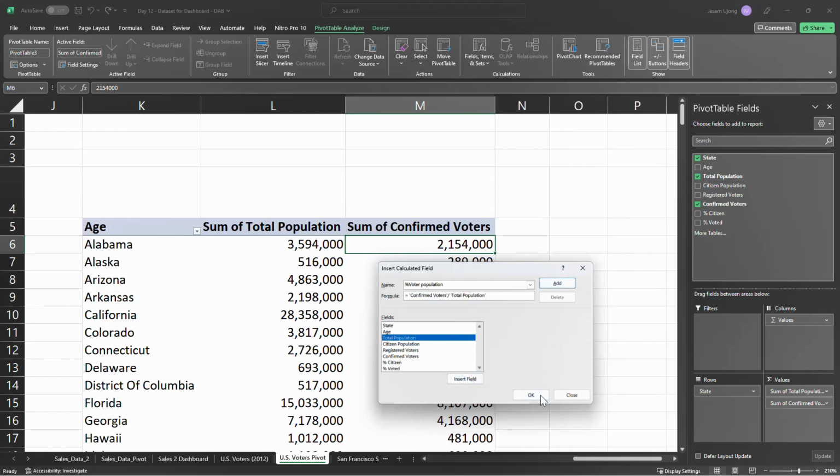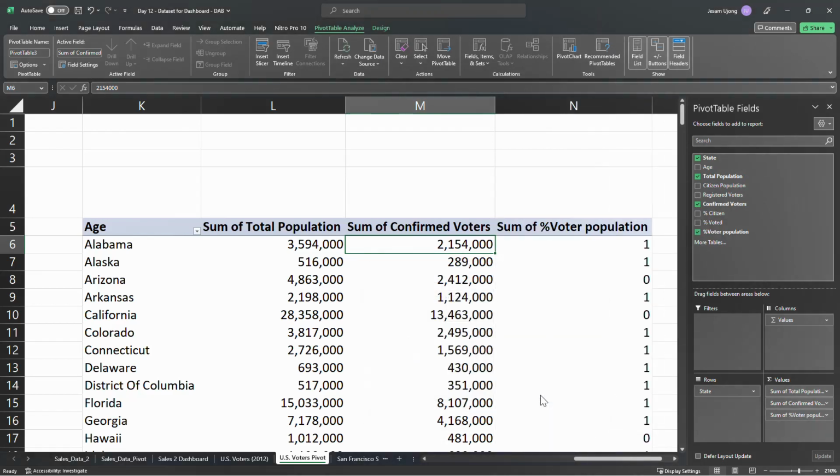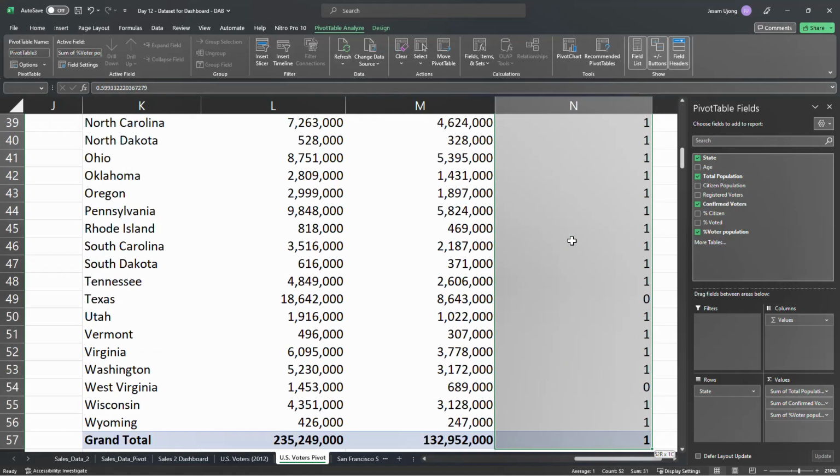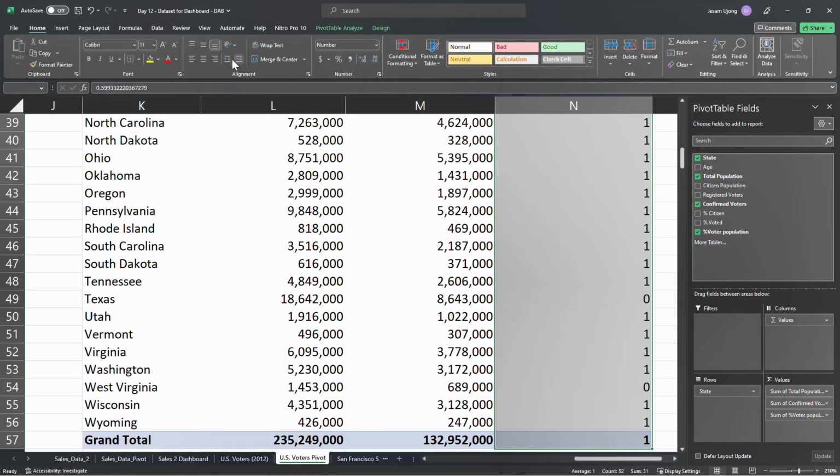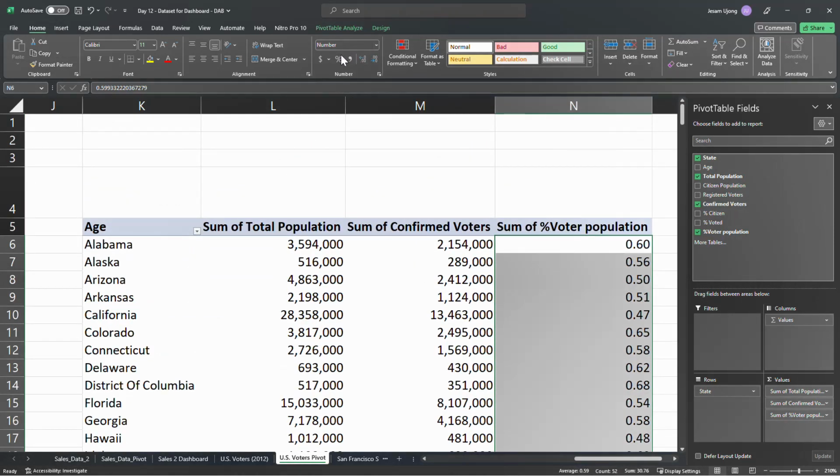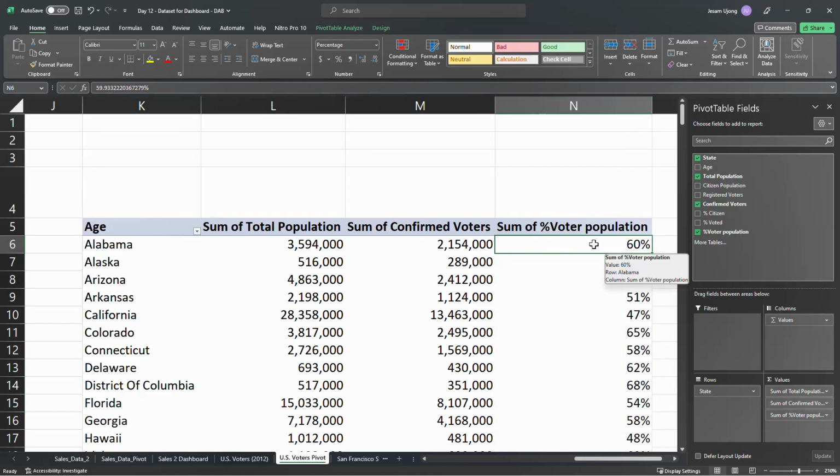And okay, I change this to two decimal places and put my percentage. Now, this guy.